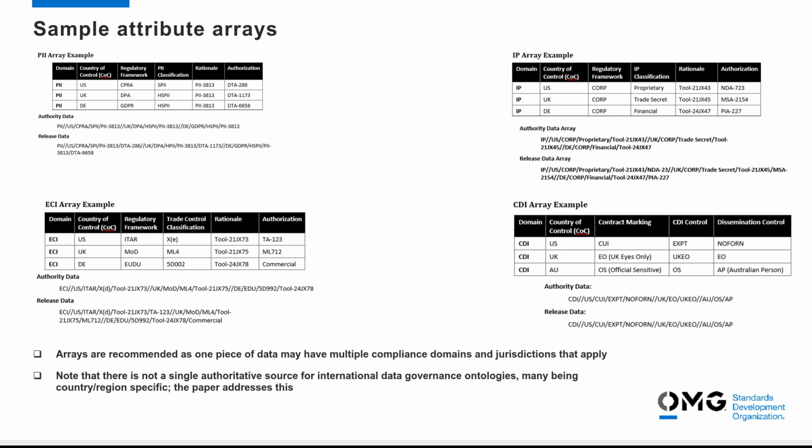And the reference data that we have for the authority data, that's the data that's in your actual computing system, versus your release data, is a slightly different array of attribution. This is primarily because there are auditing and other downstream processes that must be run on information that we've released. And we want to be very specific about which authority or contract that information was released under, because it gives us that audit trail. This is incredibly important in the AI use case because our AI systems are able to manage this type of information in real time and build rules around it.